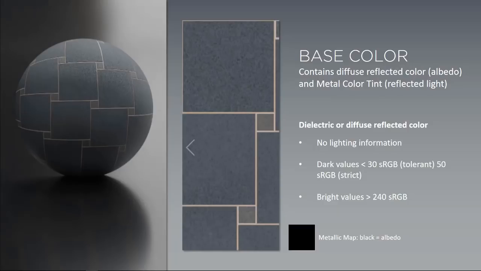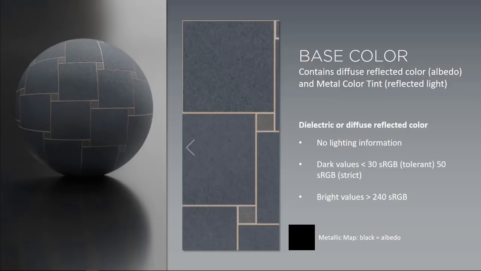The first one I like to start with is the base color map. This base color actually contains two pieces of information. It contains diffuse reflected color, which is sometimes referred to as albedo. It's just another word that you may often hear when talking about PBR. And it also contains the metal color tint, that's reflected light.